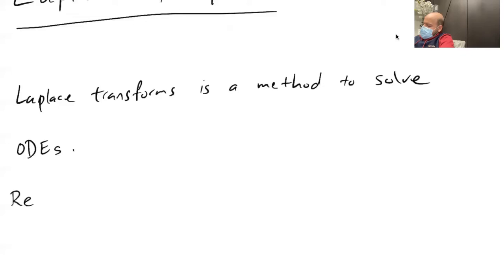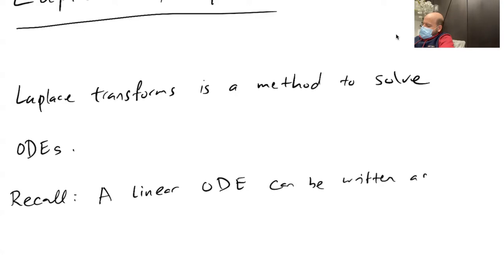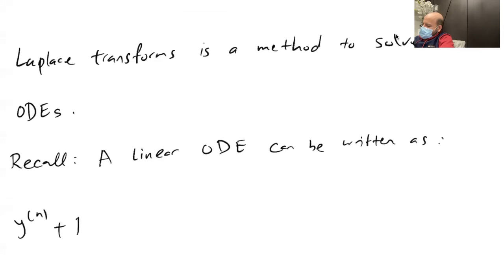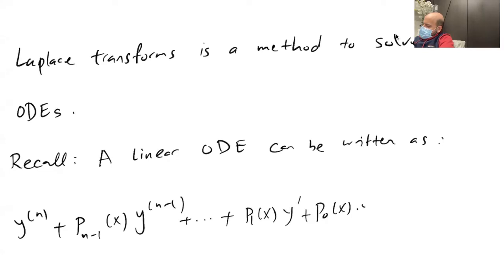So recall that a linear ODE can be written as, let's say, y nth derivative plus P_{n-1} of x, y (n-1)th derivative, all the way to, let's say, P1 of x y prime plus P0 of x times y equal, let's say, some f of x.